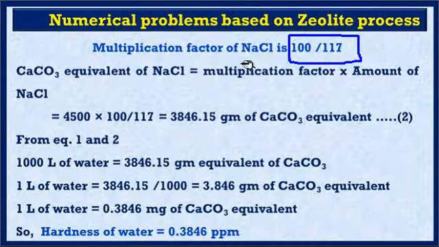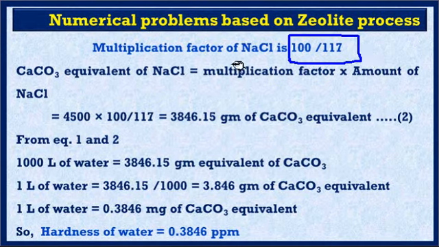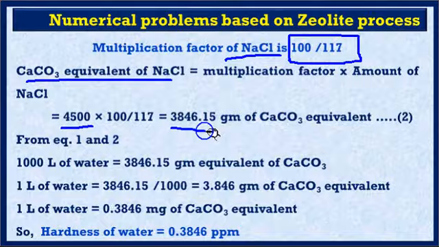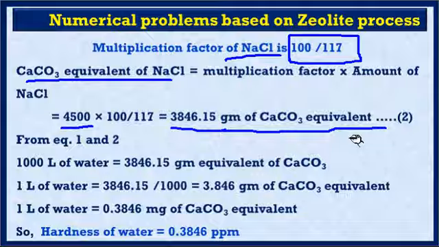So here the multiplication factor of sodium chloride is 100 divided by 117. So the calcium carbonate equivalent of NaCl is equal to 100 by 117 multiplied by 4500 gram, which is 3846.15 gram of calcium carbonate equivalent.